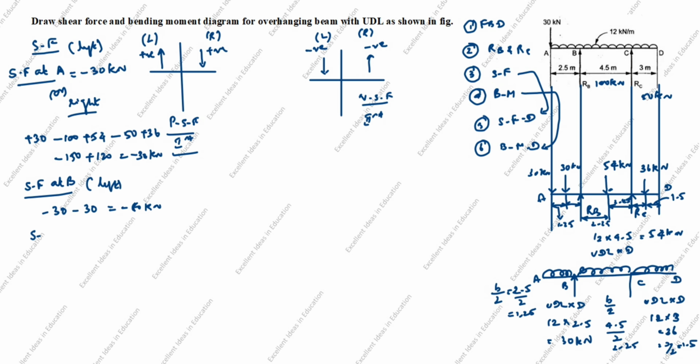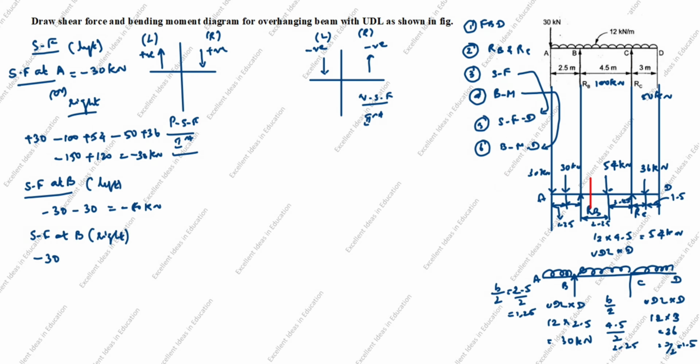Shear force at B right. You see this is the shear force at B. B left, B right we will calculate. From here to here, this is left side only. The arrow comes down, negative, minus 30.